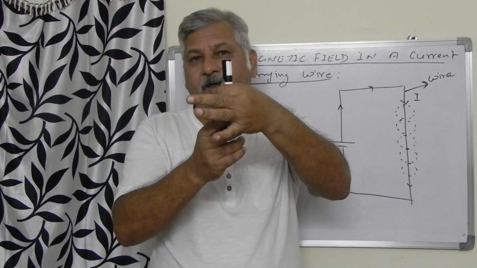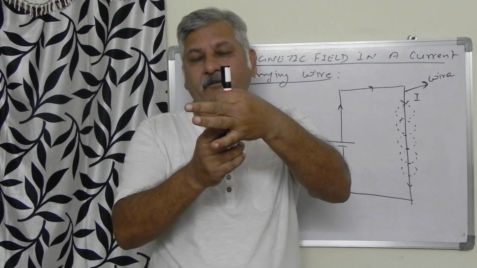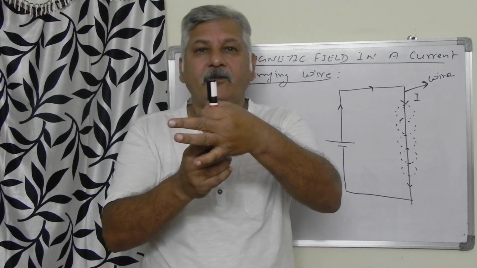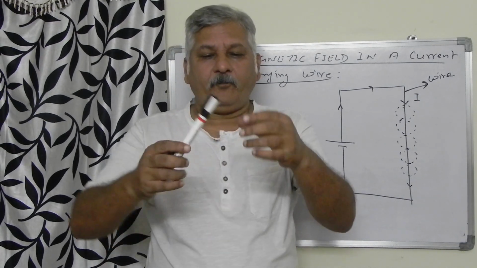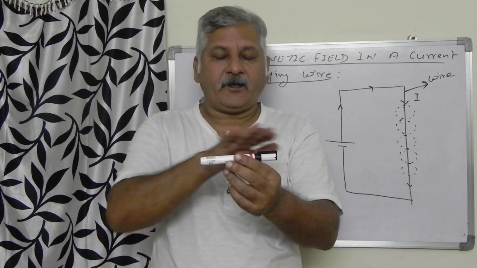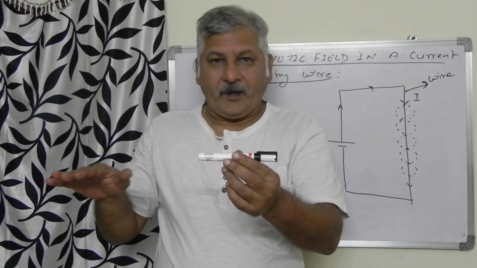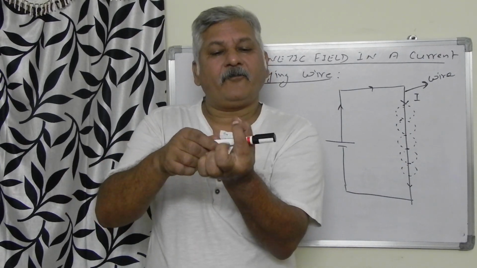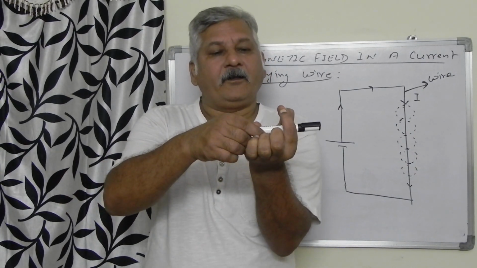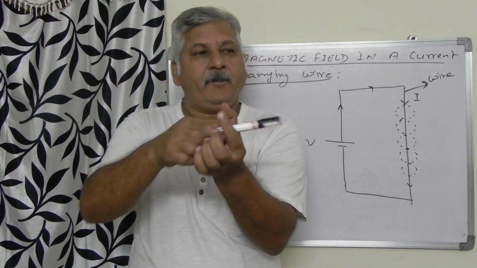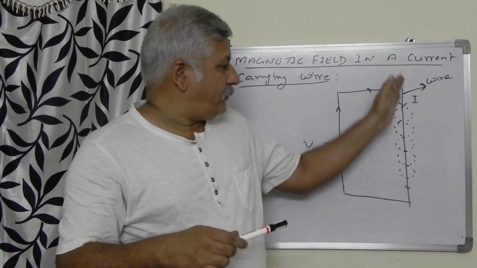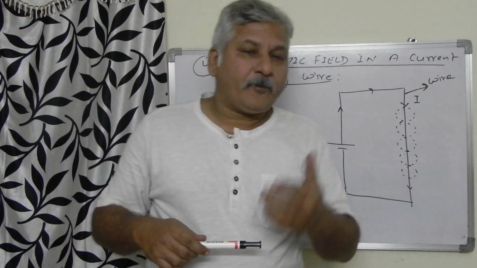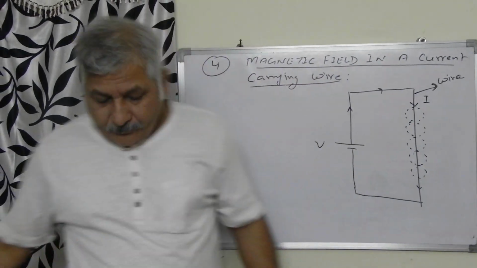So the direction of magnetic field produced in the current carrying wire will be perpendicular to the direction of the current. If we keep the wire in this way, and suppose current is flowing horizontally, then the magnetic field will be produced vertically in circular form, right? So if this is a straight single wire, then in that case, circular type of magnetic field will be produced.